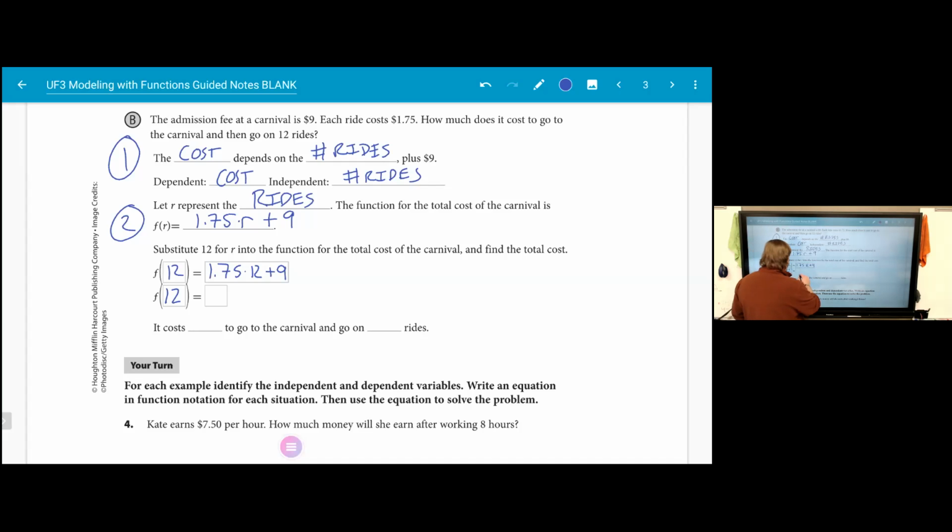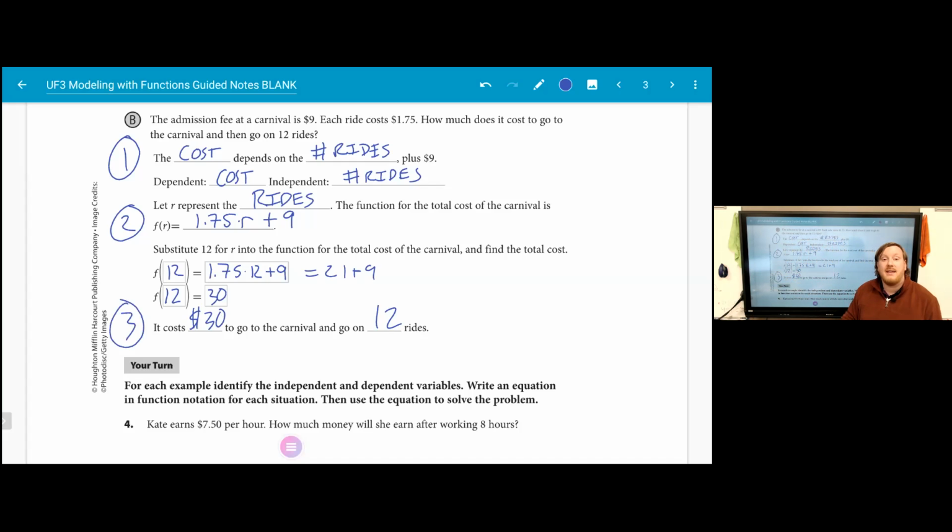So we've got 21 plus 9. That simplifies to 30. So what does that mean? It costs $30 to go to the carnival and ride on 12 rides. That's our step 3. Solving it and then putting it into context.